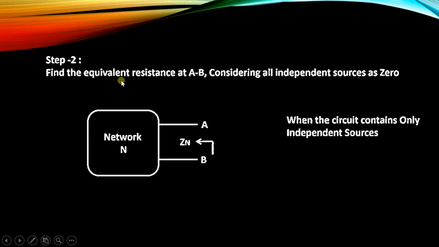Step 2: find the equivalent resistance at A and B considering all independent sources as zero. As in the case of Thevenin, where we find the Thevenin resistance, similarly here we find the Norton's resistance, that is Zn, and if we have independent voltage sources, they are considered as zero.